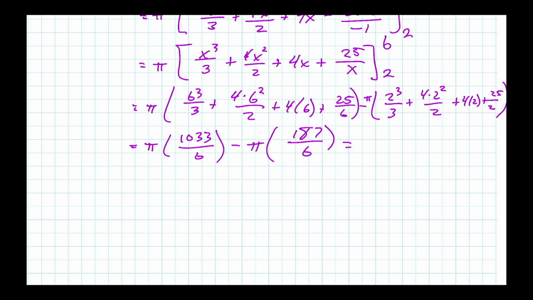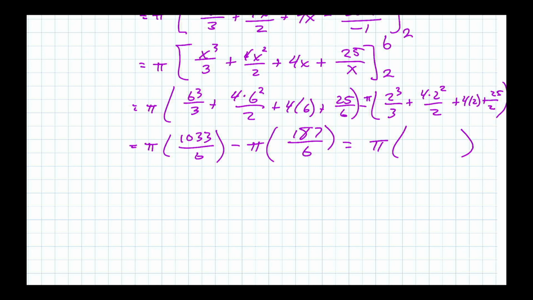We're subtracting these, so pi, and then I'm going to subtract this minus this. 1033 over 6 minus 187 over 6. My calculator just messed up. 1033 over 6 minus 187 over 6, 141.